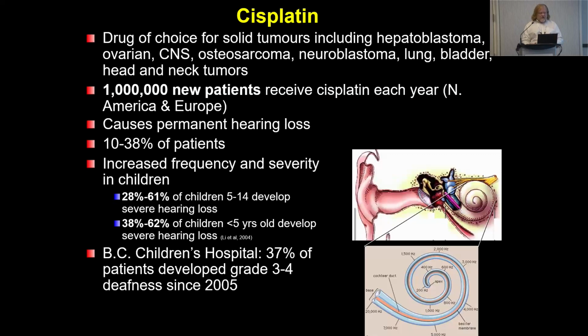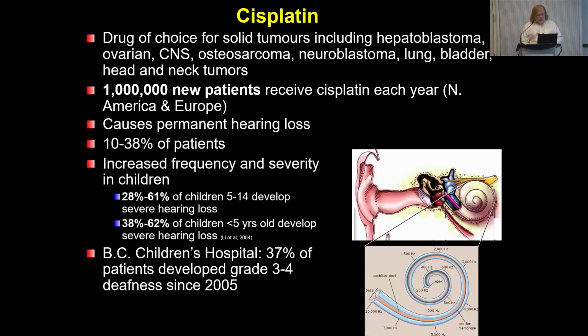That varies across the age spectrum between 10 and 38% of patients overall, although there is increased frequency and severity in children. Somewhere between 30 and 60% of children develop some level of severe hearing loss, and I'll explain severe in a moment.